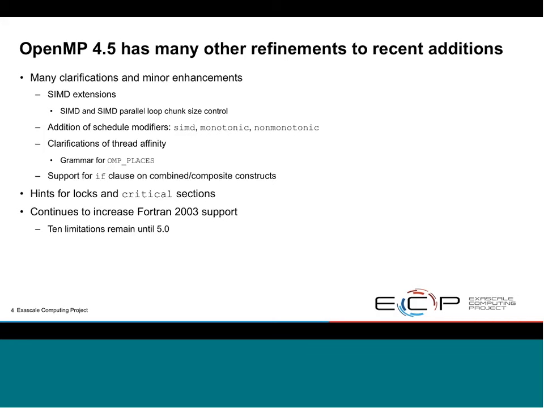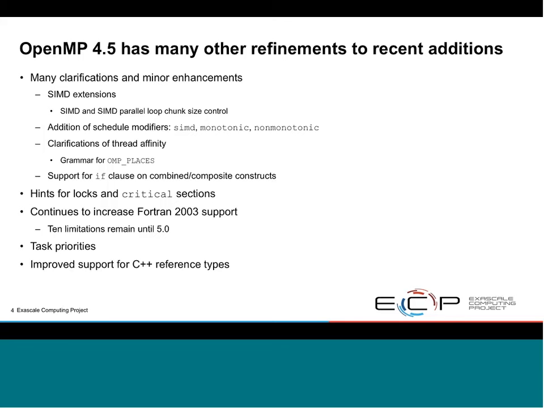as there are different strategies that can be used for that. And as we are committed in OpenMP to improve the support for Fortran, we are getting very close to complete support of Fortran 2003. There are still some limitations, but we plan to address them in OpenMP 5.0, which is basically the next release.